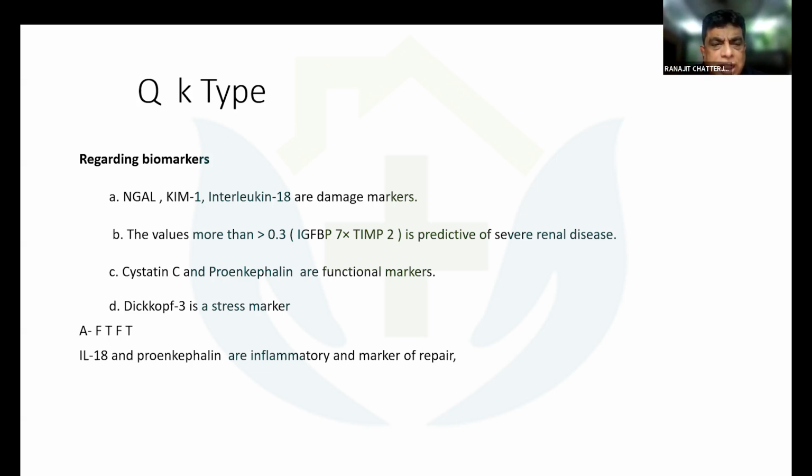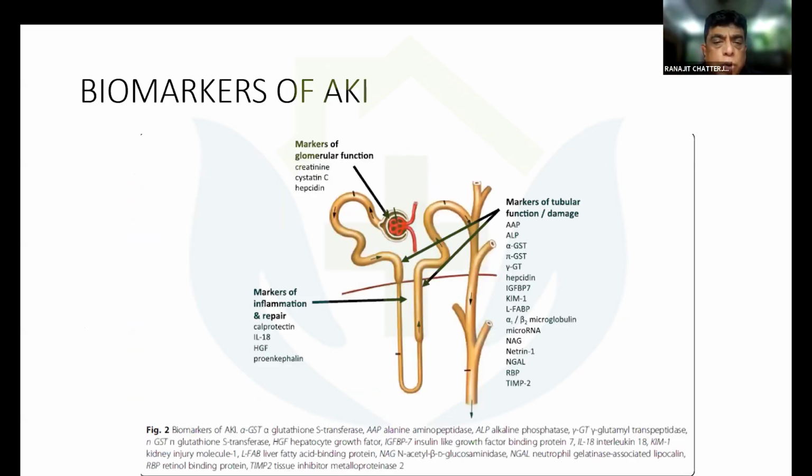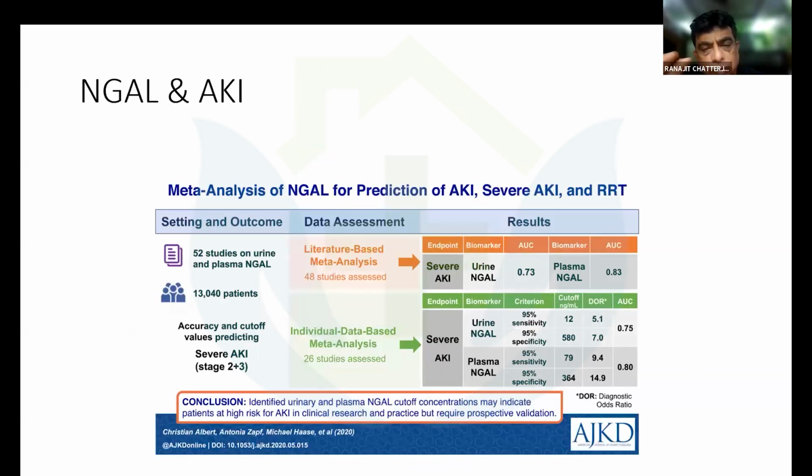So there are a lot of pitfalls of creatinine. I'm not going into the details of that. You should know about these biomarkers, which are the markers for glomerular function, which are the markers for inflammation, and which are the markers for damage. You may get a question on NGAL because NGAL is being widely used now in most of the centers, including ours, where we have found both urinary and plasma NGAL cutoffs indicate that the patients are at a high risk of AKI.